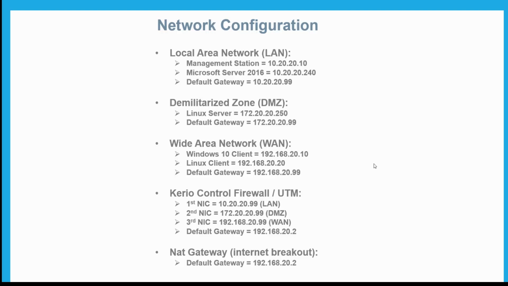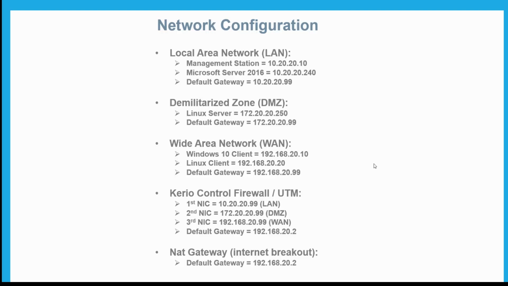And then we got the Linux client that will get an IP of .20. Both hosts will have a default gateway that will point to the IP address of the firewall. That is 192.168.20.99.